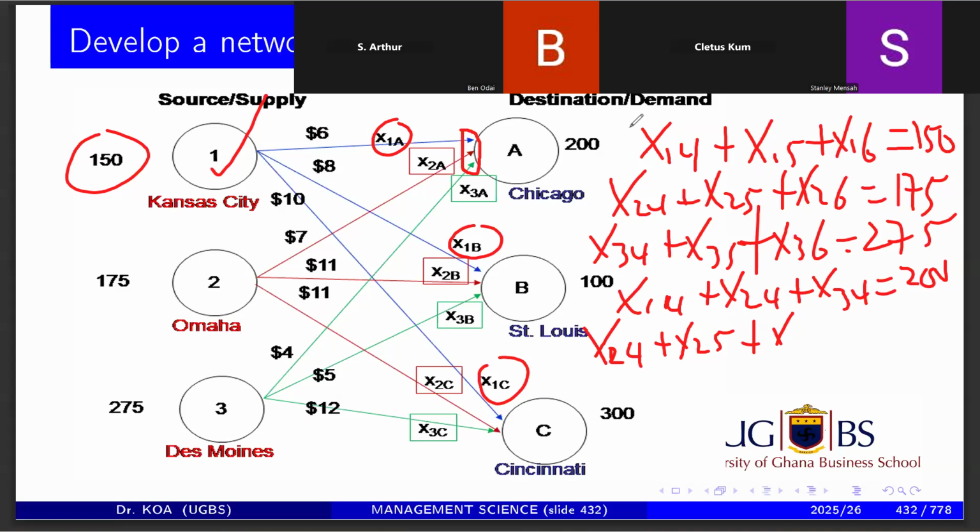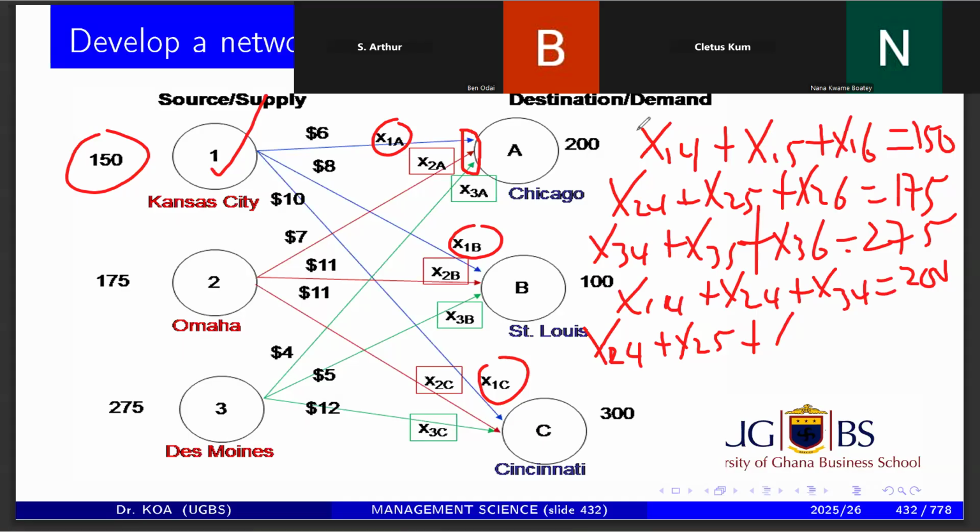Is that what you said? Plus x25 plus x26. Is that correct? No, that's wrong. If you do it like this, you'll be marked down. So that's wrong. Who can take us through this properly?